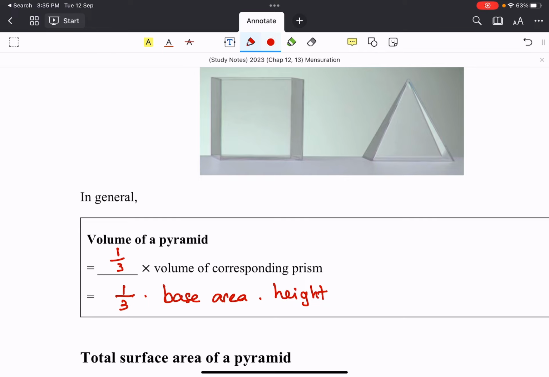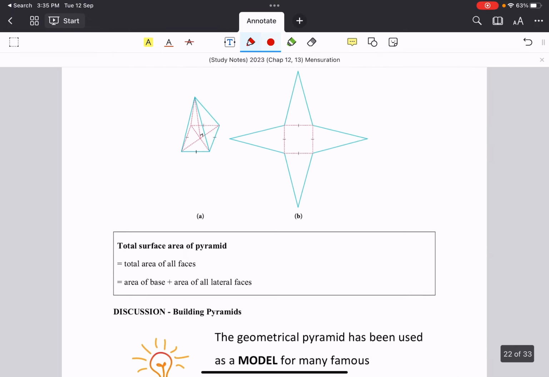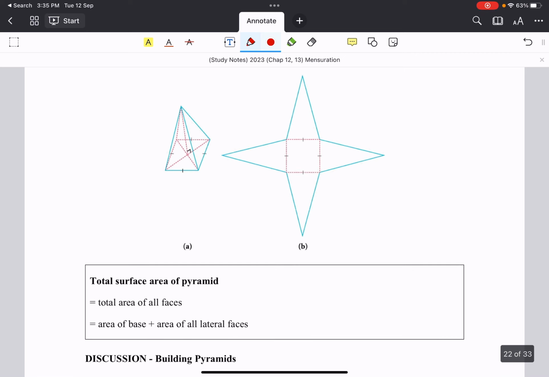Now, how about the total surface area? When we look at the net of the pyramid, you will find that the base is in the center, and surrounding the base you will see triangles. So it is the area of all the triangles added to the base.